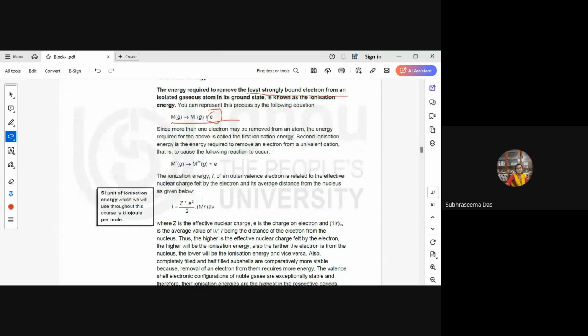Now the ionization energy, given here as I, of an outer valence electron is related to the effective nuclear charge felt by the electron and its average distance from the nucleus. It is given by this equation: I = Z* e² / 2 × ⟨1/r⟩.